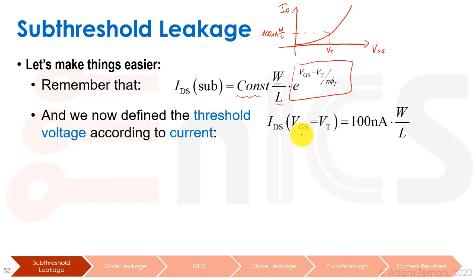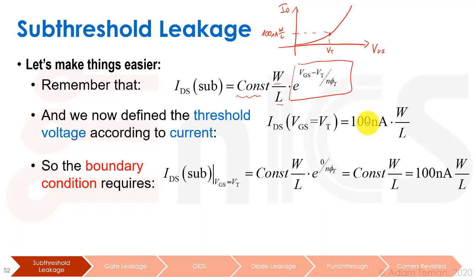So IDS at VGS equals VT is equal to 100 nanoamps times W over L. Well, if we substitute VT in place of VGS, it has to be equal to 100 nanoamps times W over L. So the subthreshold current when VGS equals VT is going to be this constant times W over L times e to the power of 0 divided by N·VT, which is just 1.